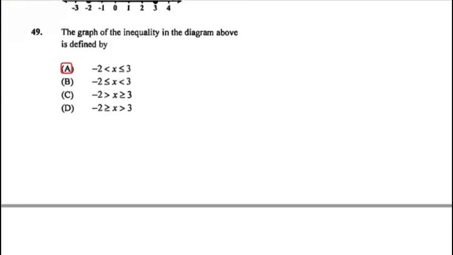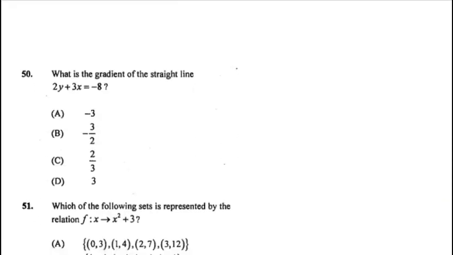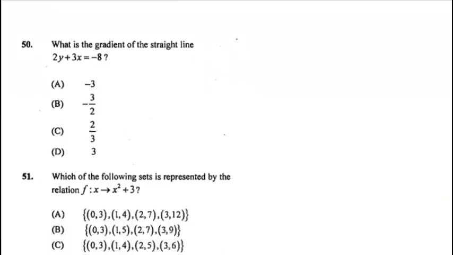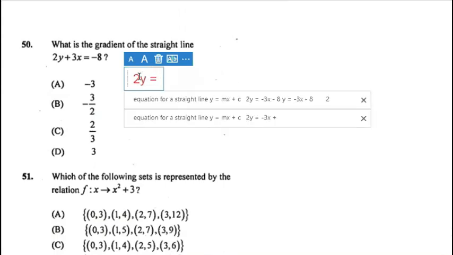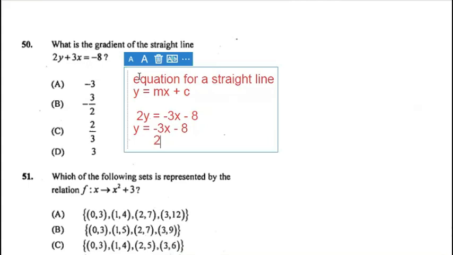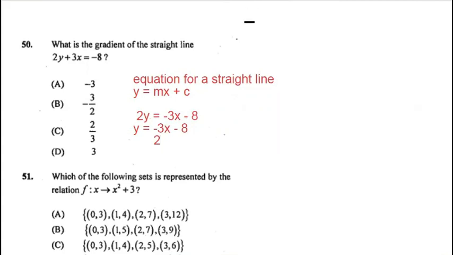So 49 is A. So 50, what is the gradient of the straight line 2y plus 3x is equal to -8? So writing this equation in the form of y is equal to mx plus c. So it is 2y is equal to minus 3x minus 8, and when we carry across the 2, it becomes -3x minus 8, and all that is upon 2.